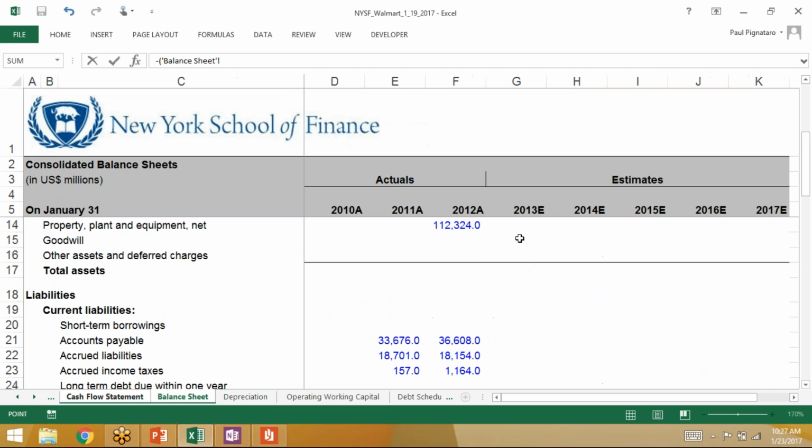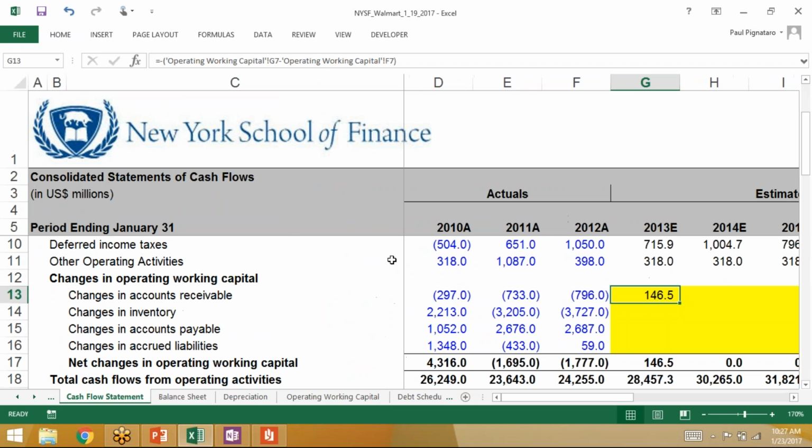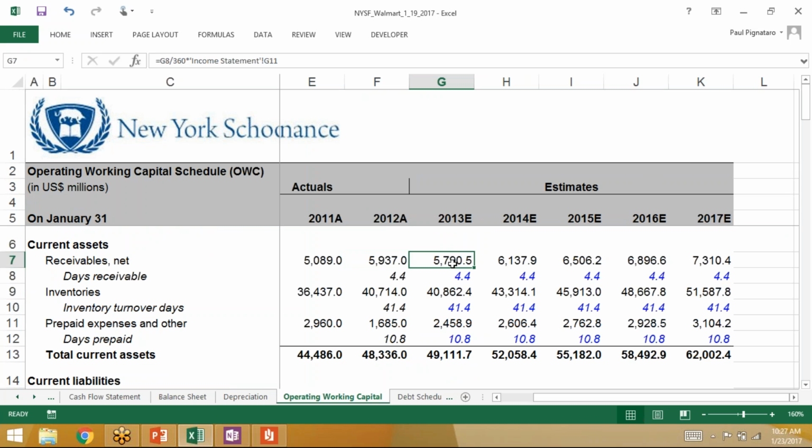2013 minus 2012, it's minus the change. Does that make sense? One more time. AR is reducing from 5.9 to 5.7. That should result in a cash inflow.